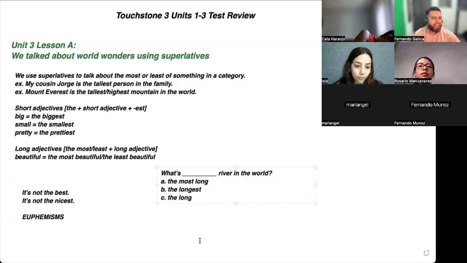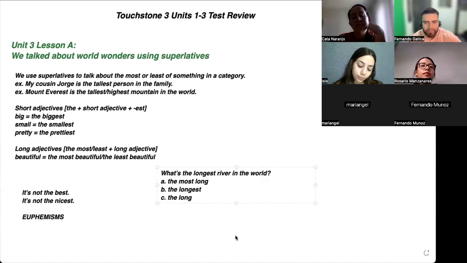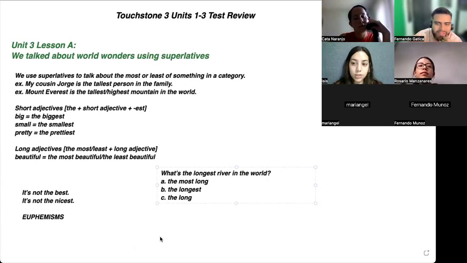And I think that answer is pretty obvious, right? What's the answer? The longest. What's the longest river in the world? Class, the most tall, the most tallest, or the tallest? The tallest.